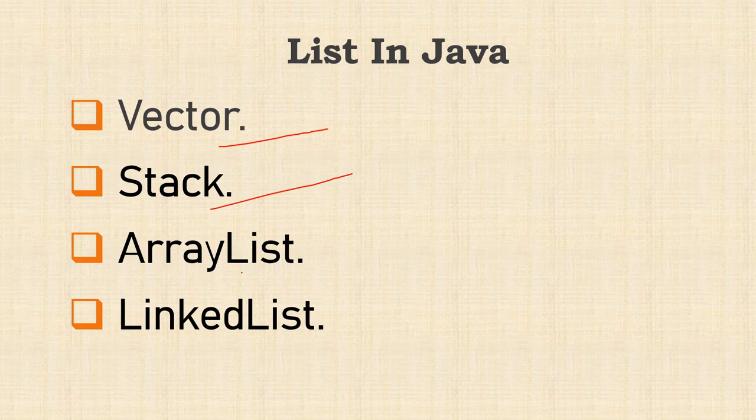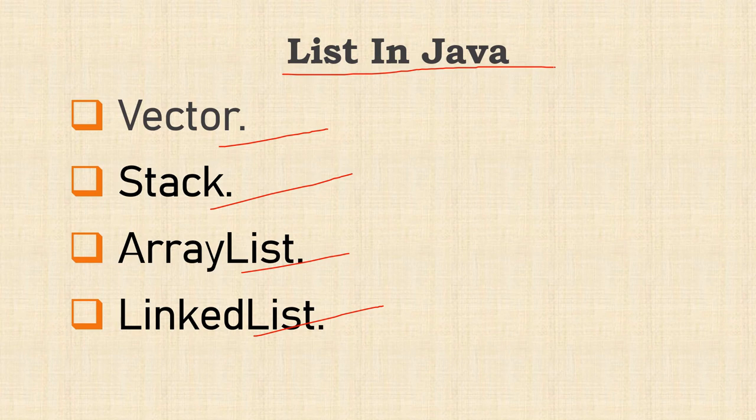Next we'll see ArrayList, which is also an implementation of the list interface. And after that we'll see LinkedList, which is also an implementation of the list interface. We are going to see all the classes which implement the list interface.